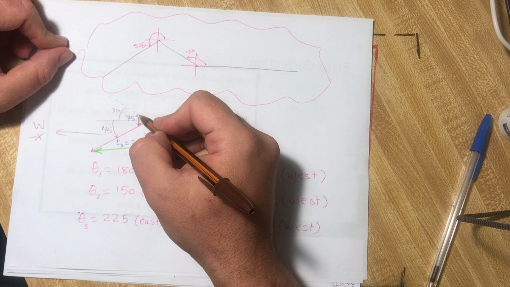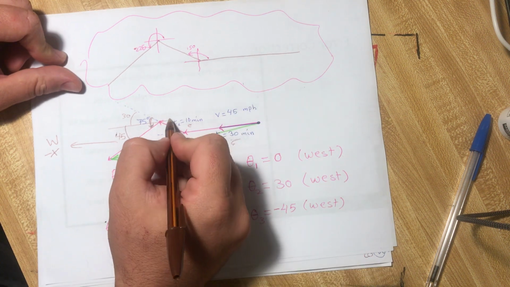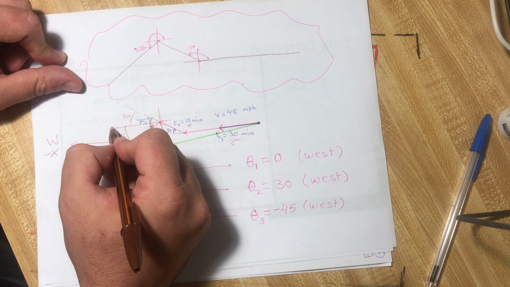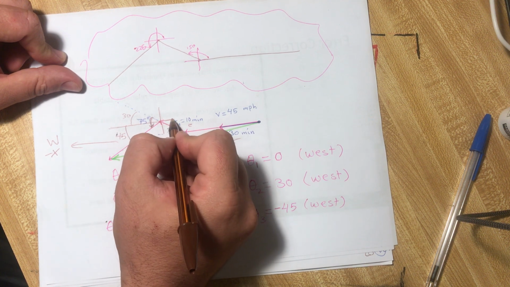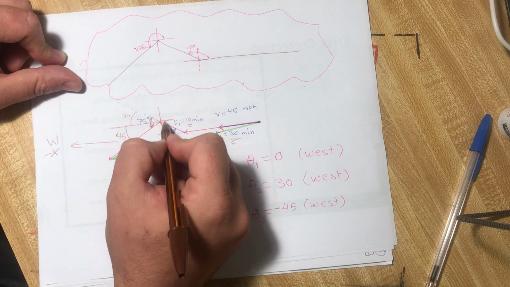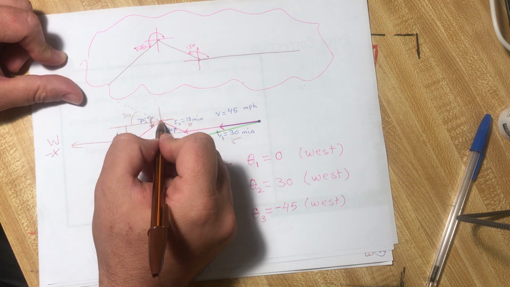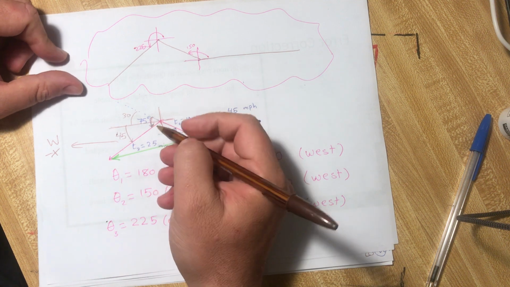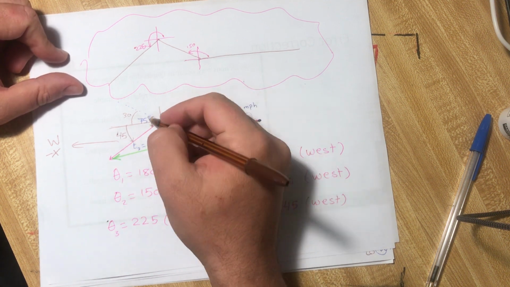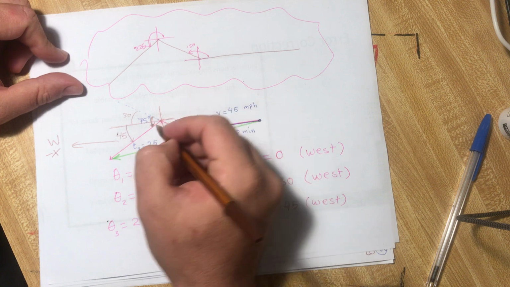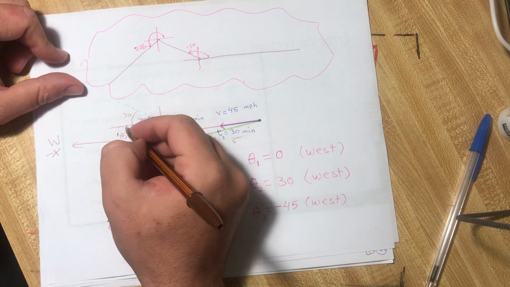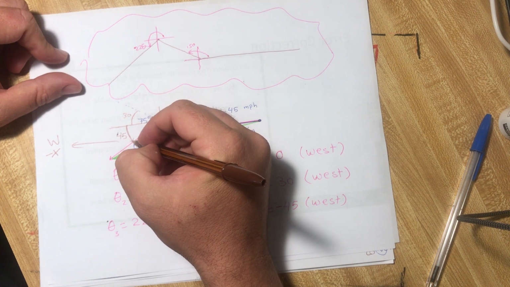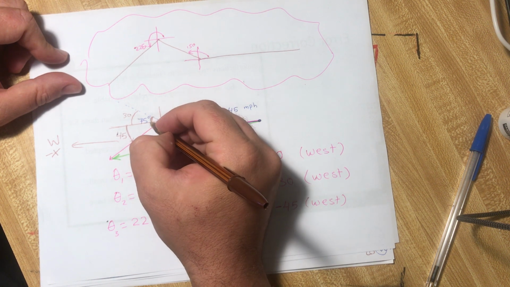So 75, if I take a secondary xy plane from here, then the rotation about the negative x-axis here will be 30 plus 45, it will be 75.